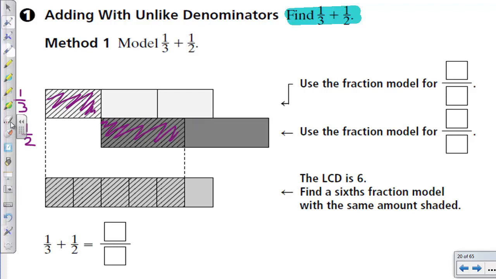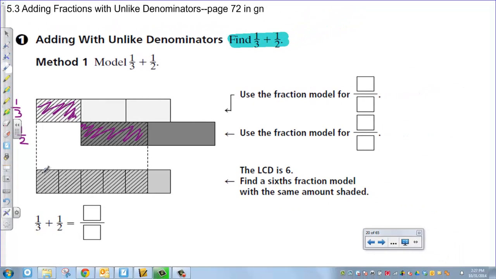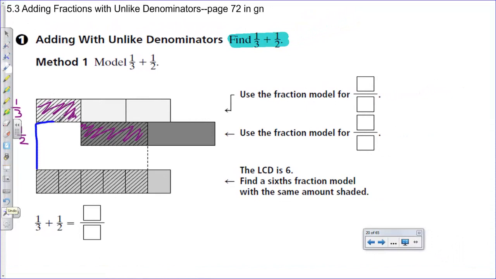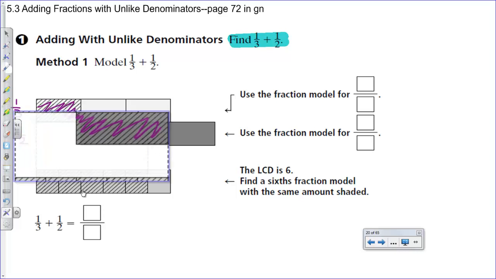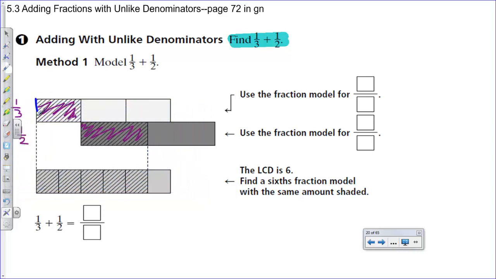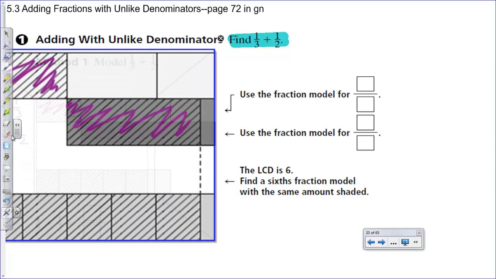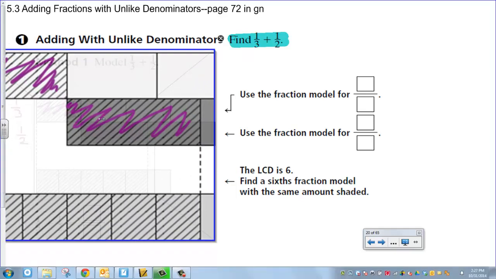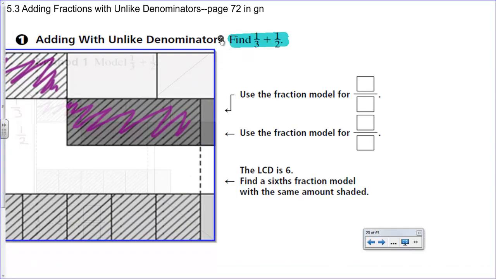So we are trying to figure out how much space is taken up right here. I want to know how much room is taken up right here, because that's where we have represented 1/3 of something and 1/2 of something.